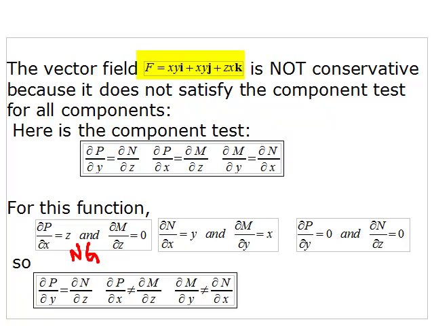But continuing, n with respect to x is y, m with respect to y is x. This doesn't hold either. And there's one that holds, but that's not good enough, because you could even have just one failure and the whole thing wouldn't hold. So this is not a conservative field.